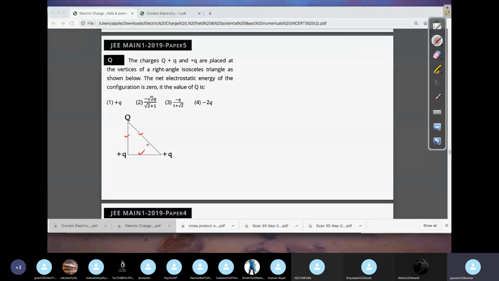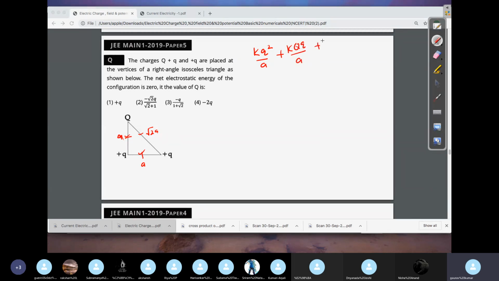You have 3 pairs, right? Calculate all the charge. A right angle isosceles triangle means what? If you take this as a, this will be root 2a, right? So find the potential for all of them. For this pair you will get kq square by a. For this pair you will get k capital Q into small q by a.